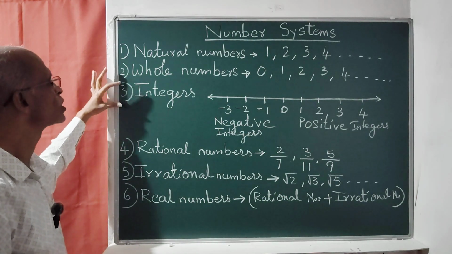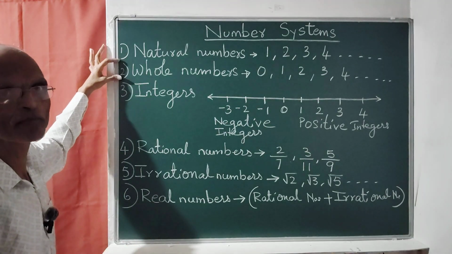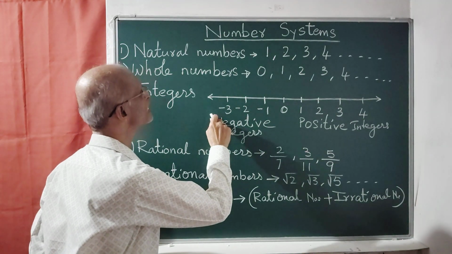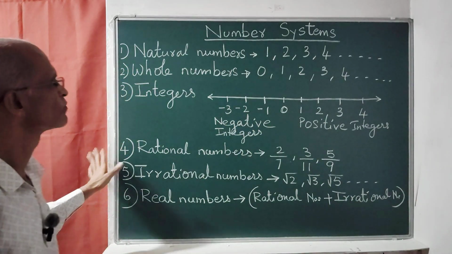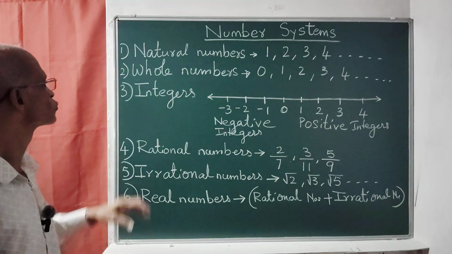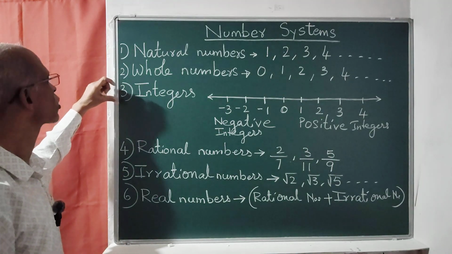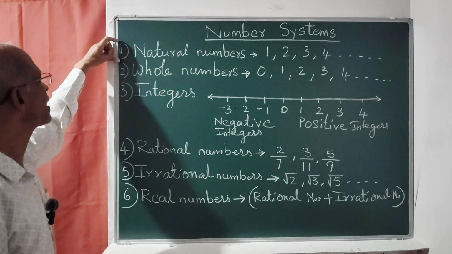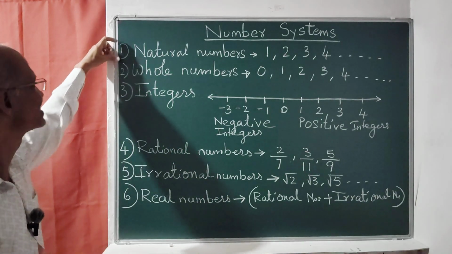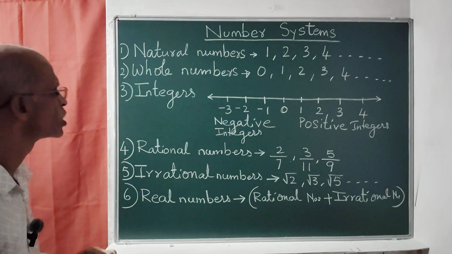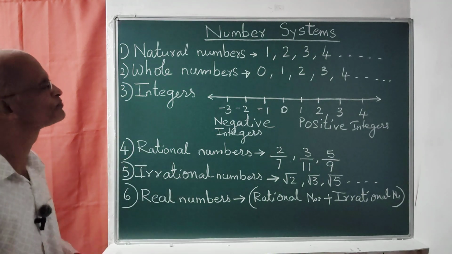But all integers can't be called whole numbers or natural numbers because there are negative integers which are neither whole numbers nor natural numbers. Now coming to the rational numbers.